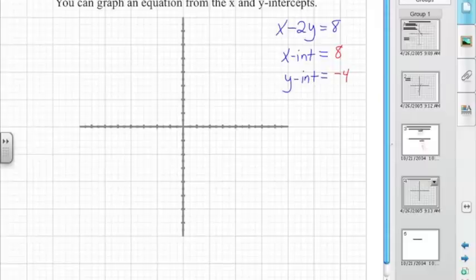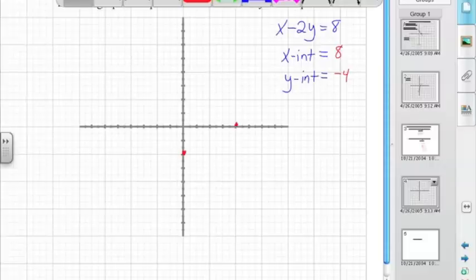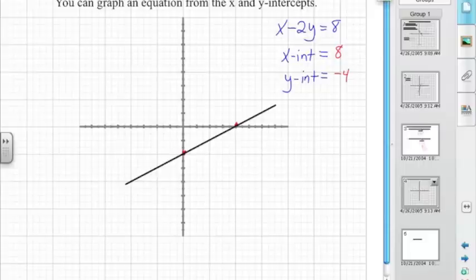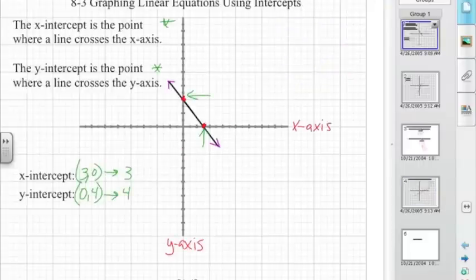So if I go over to x equals 8, and put a dot, and go to y equals -4 and put a dot, I now have 2 dots on a graph that I can take, and I can create a line that passes between them. And I now have a line on a graph. This is graphing a linear equation using intercepts.